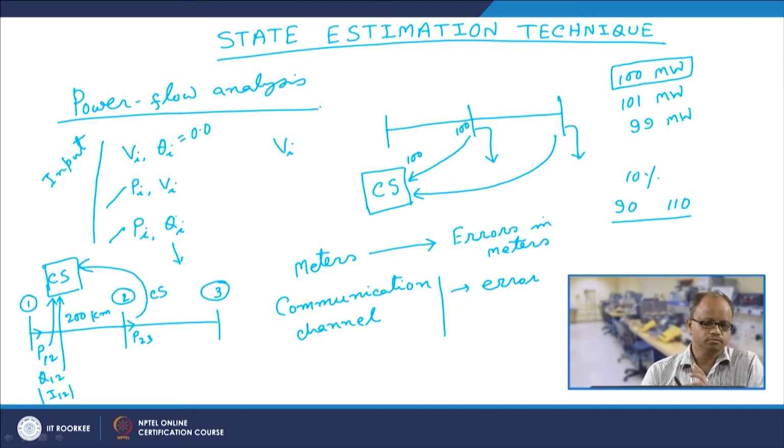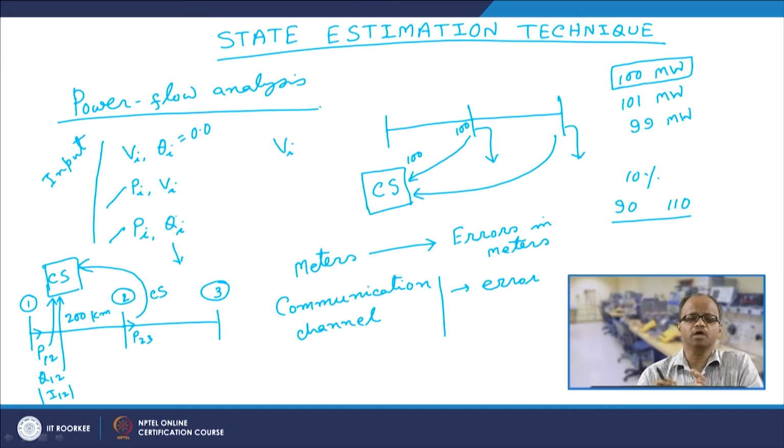Now, we have to consider the possibility of errors in our measured quantities, whether we are utilizing measured quantities for the purpose of power flow analysis or for any other purpose. So, then we have to consider the possibility that we have got some associated error in the measured quantity.